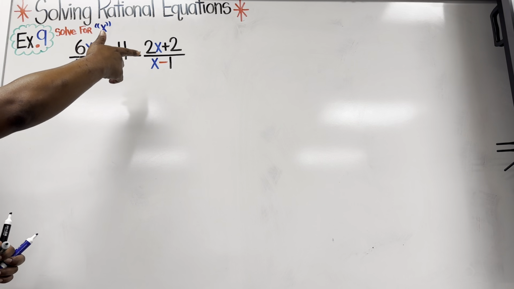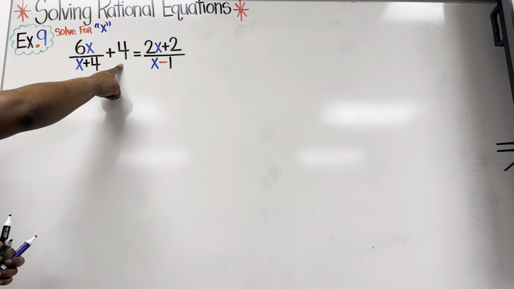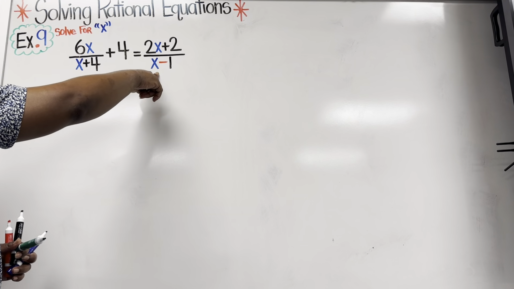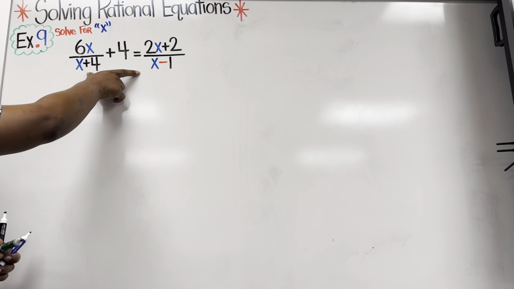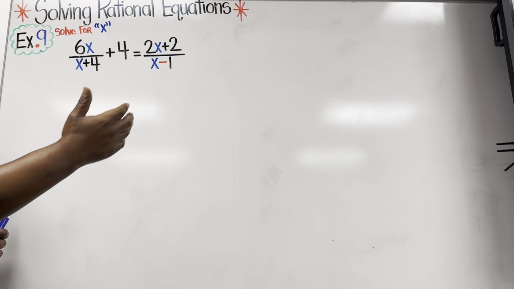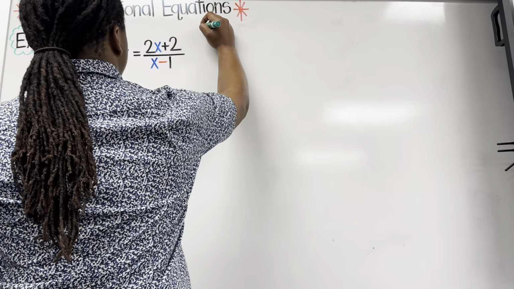If I make 4 a fraction, it will be 4 over 1, so we don't have to worry about that. And this one has a denominator of x minus 1. The only way to make these have the same denominator is to put these denominators together and multiply them as the LCD. So let's go ahead and do that.